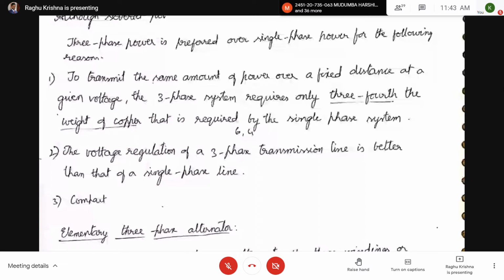That means voltage regulation of a three-phase line is better than that of a single phase line. So in a three-phase transmission line, we are going to get constant voltage compared to single-phase voltage transmission. As we are using fewer lines, it will be compact.